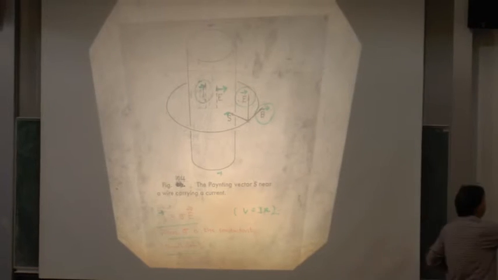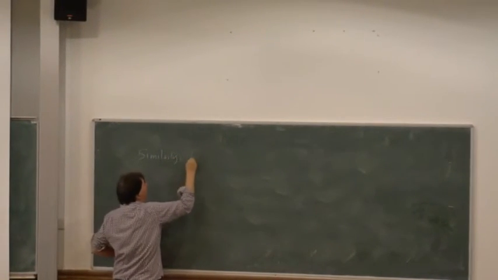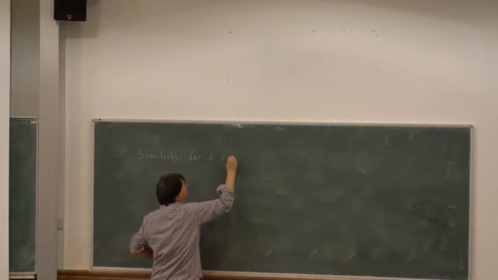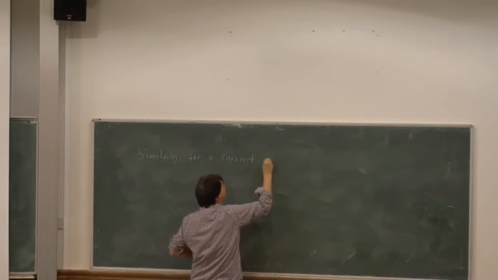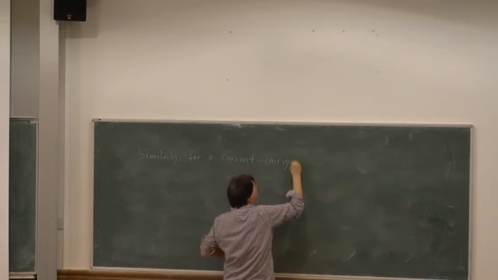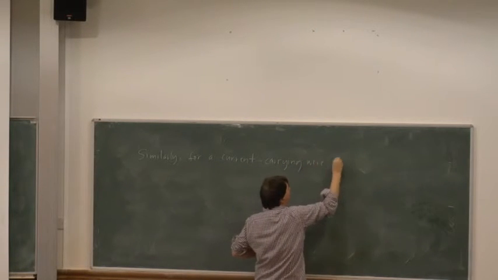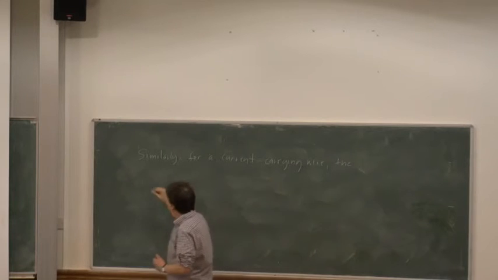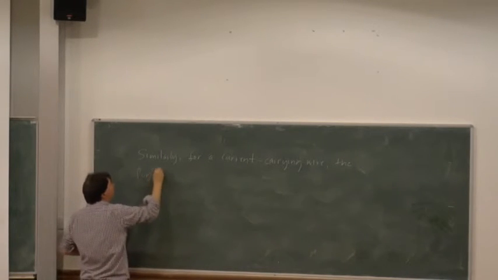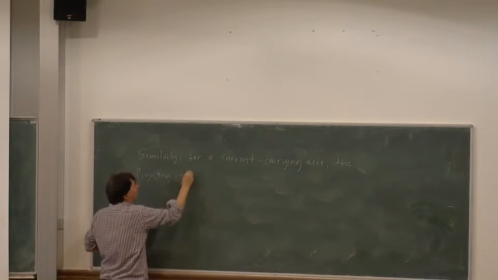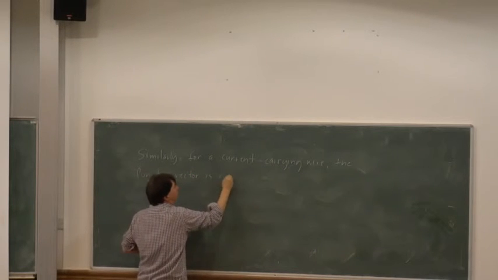So, similarly, for a current carrying wire, the Poynting vector is radially inwards.